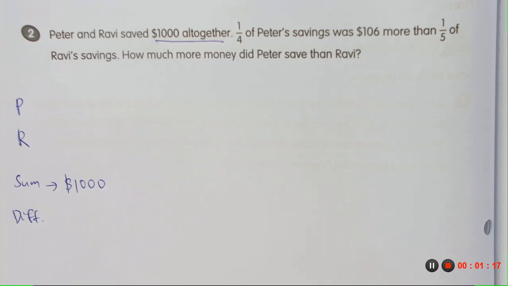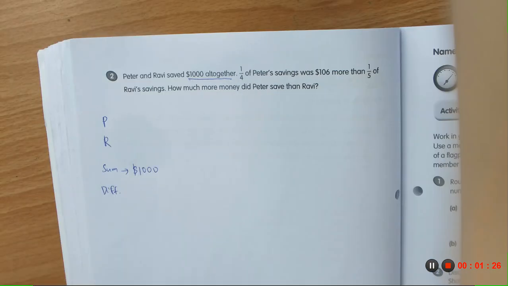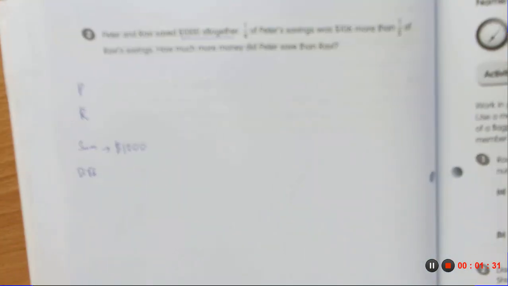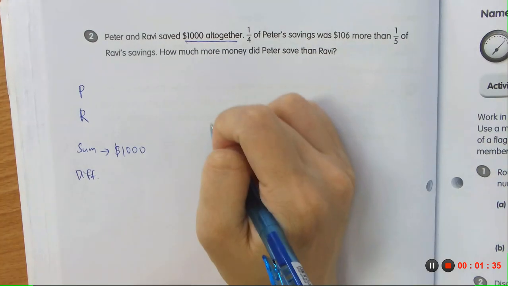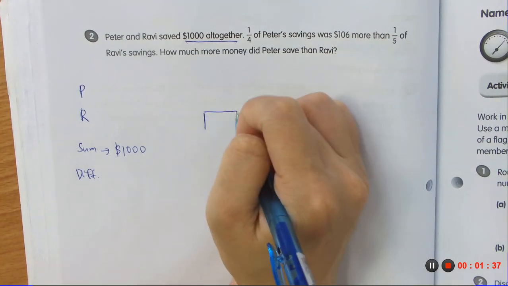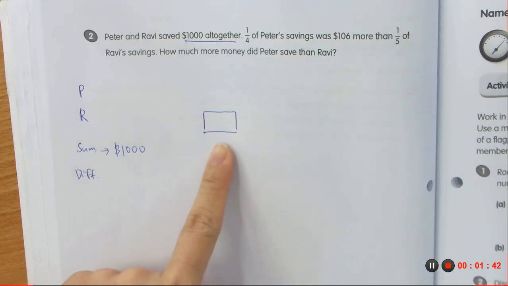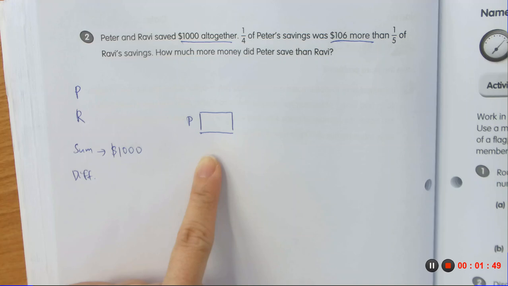So if you ignore the fraction first and you just draw the parts out, okay? So let's say I have Peter. Peter is a part. I just draw one part. This one part of Peter's money is more than the one part for Ravi.